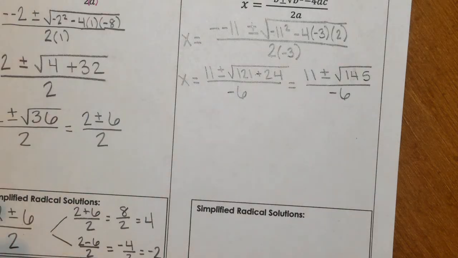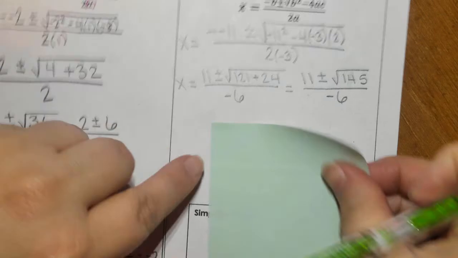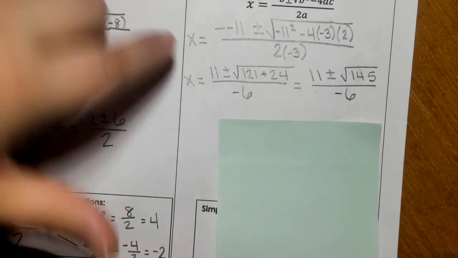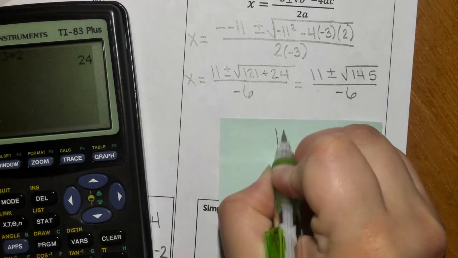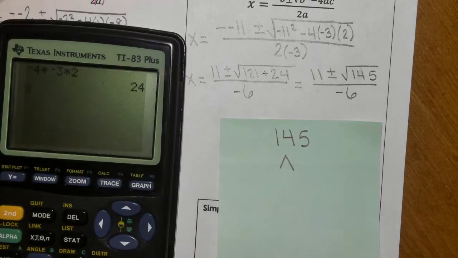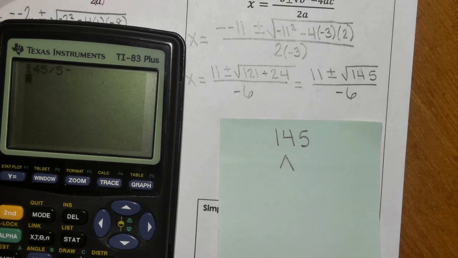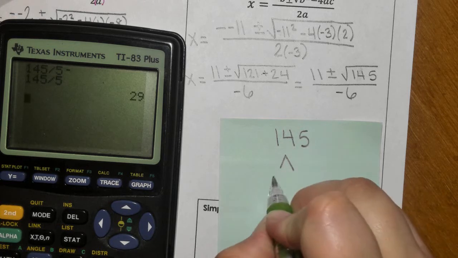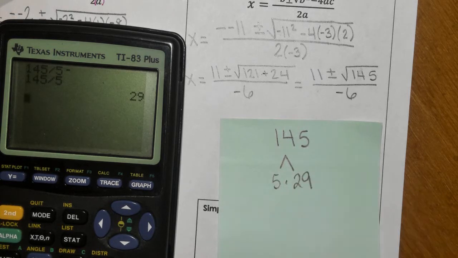Now, we have discussed how to simplify radicals. I don't have a ton of space, so I'm going to use a Post-it note real quick. If I take 145 and break it down as a factor tree, I know that 145 ends in 5, so I can divide by 5 and get 5 times 29.